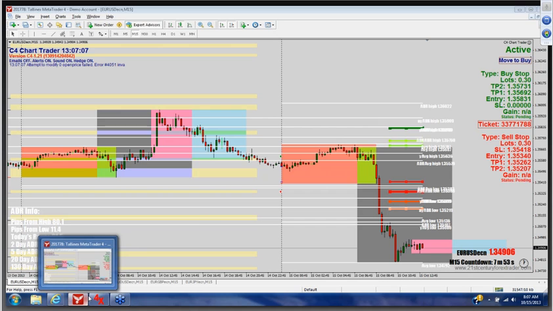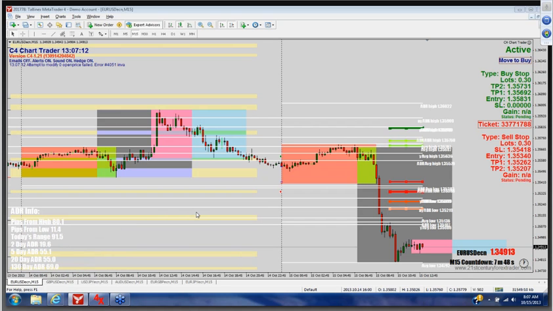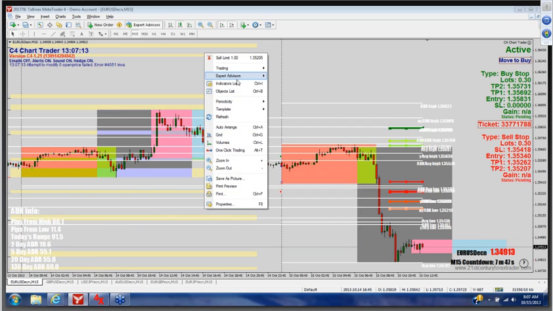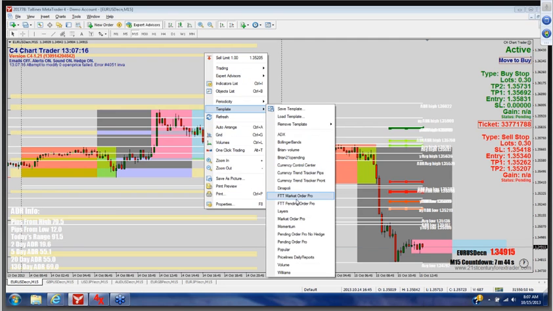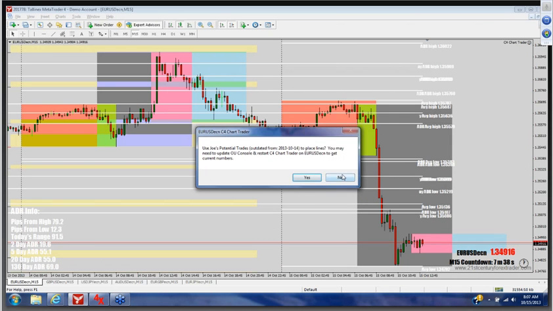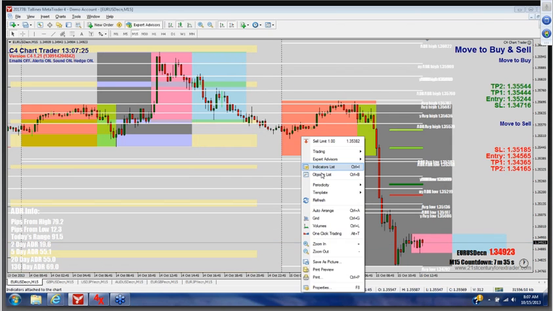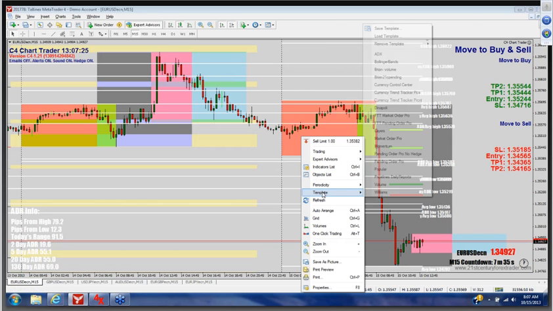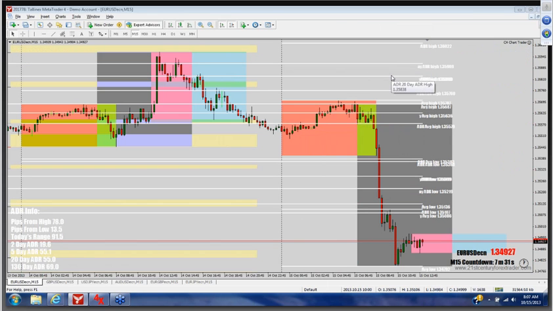So I'm going to start over here with the Euro USD, and I'm actually going to reset this chart because we don't have to worry about trades we took last night. So actually I'm going to set it to my template. All right. So I'm going to load up my pending order template, and we'll see what we can find and what we can do.